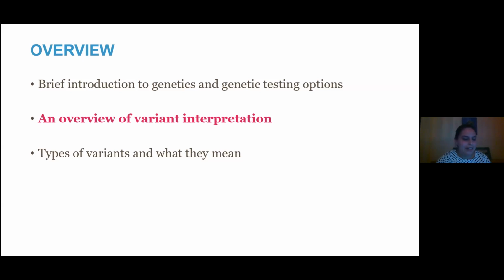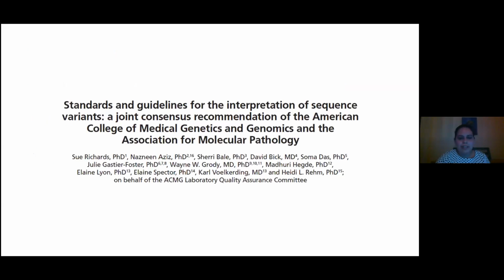So how do they do that? Luckily, they actually have a standard set of guidelines that are put out by the American College of Medical Genetics for exactly what types of evidence and how strongly to weight the evidence that they have in order to make a decision about whether they think a variant is disease causing.